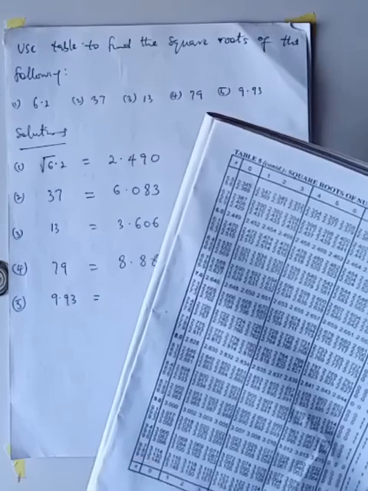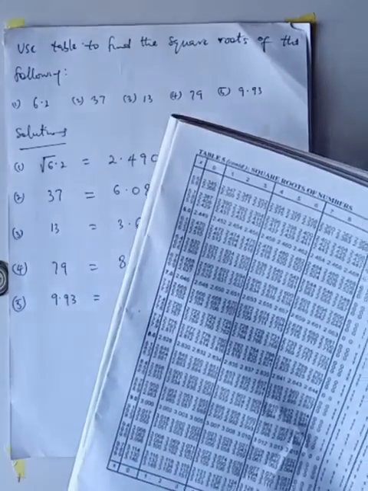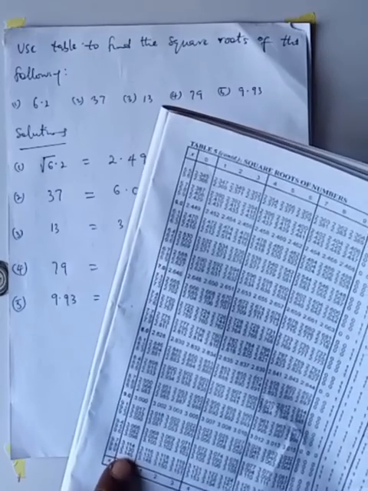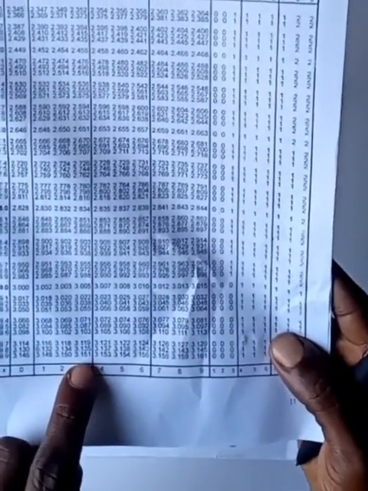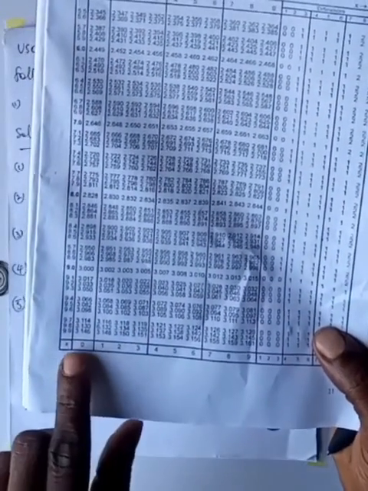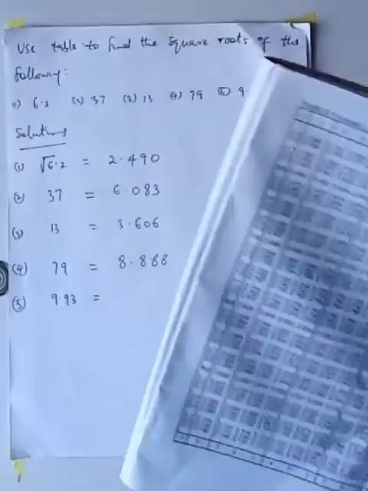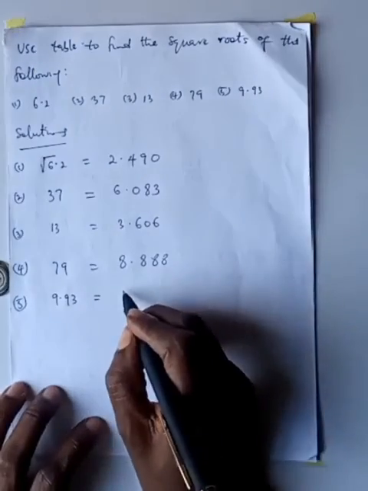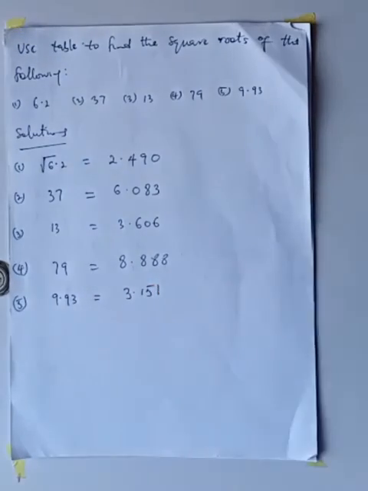Now the way this thing is arranged is, it started from 0, 1, 2 up to 9. Now this is 9.9 under 0, under 1, under 2, under 3. Since what we need is 9.9 under 3, then the result we need is this, which is 3.151. So the square root of that is now going to be 3.151.